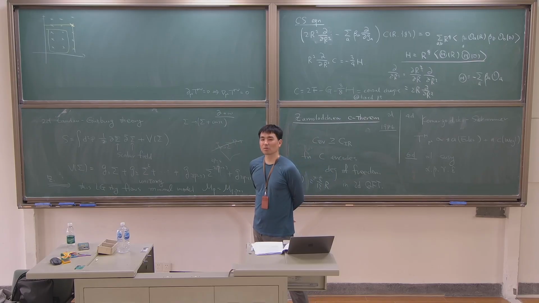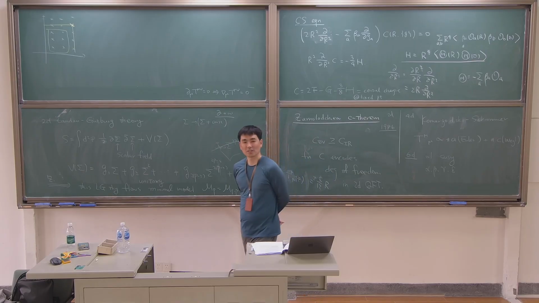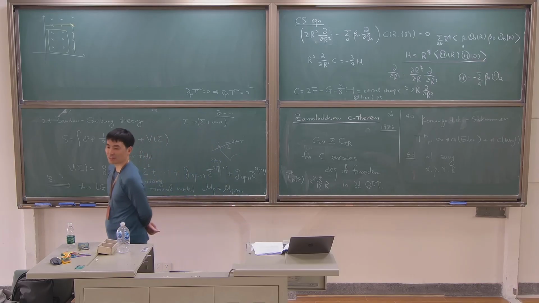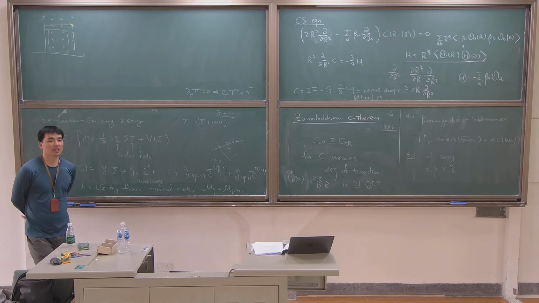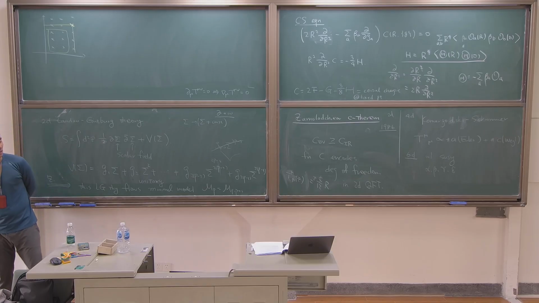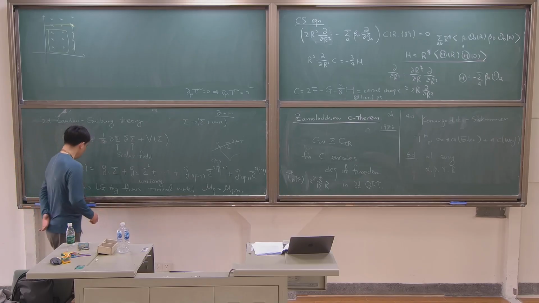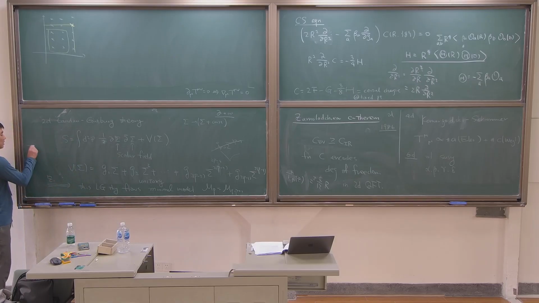I think it's a good research project for a student, I guess. But one thing you have to be careful about is that if you put that theory on a curved background, the trace is really no longer 0, but c over 12 plus or minus R. So even for a conformal field theory at the fixed point, the trace part of the stress energy tensor is no longer 0.